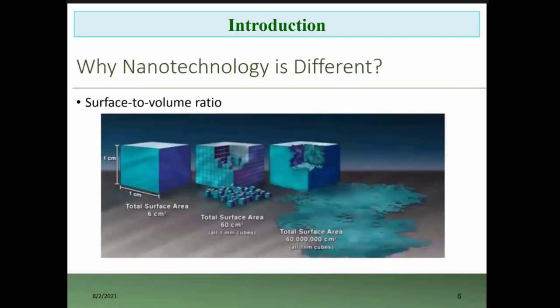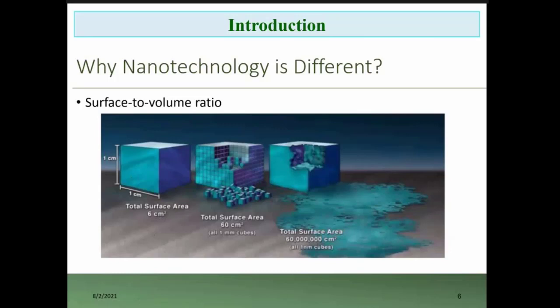Now, if I emphasize the surface to volume ratio of nanoparticles, here in this image, the first one is a cube with 1 centimeter dimension on each side. The surface area of this bulk material is 6 centimeters squared, and this cube has 6 surfaces.